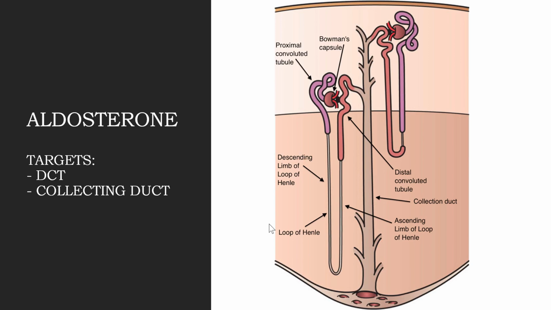So if we're reabsorbing more sodium, more water is going to follow. And the goal of antidiuretic hormone is to increase our water reabsorption. So this could be if we're dehydrated, or if we need to bring back up our blood pressure, and things of that nature.